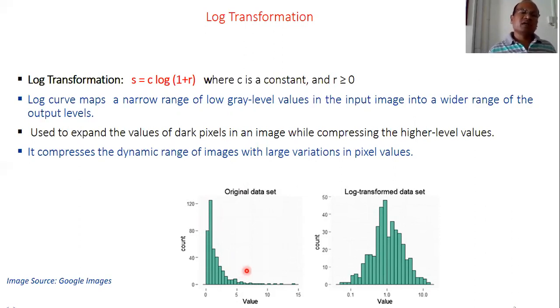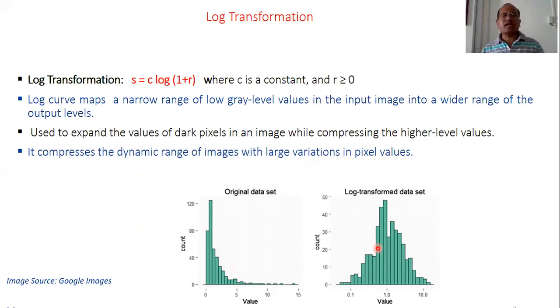So expansion and compression take place, and we get a wide range of pixels. It compresses the dynamic range of images with large variations in pixel value. One can see that there is a wide range of pixel values in the second image.